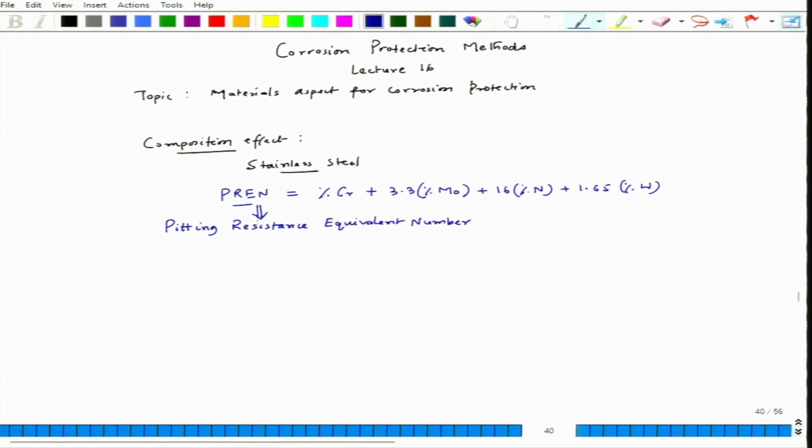And if stainless steel has sufficient pitting resistance, generally its crevice corrosion resistance is also very high. So, higher this PREN means higher pitting as well as crevice corrosion resistance.